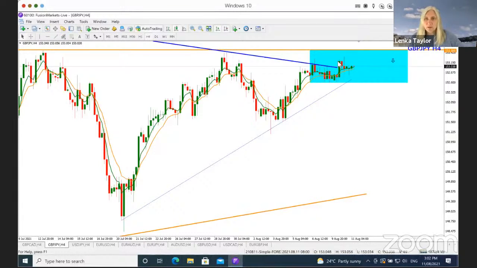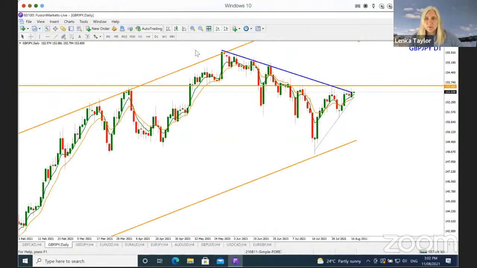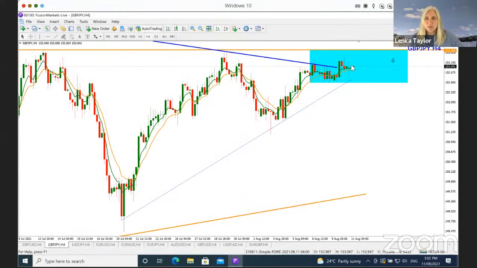At the moment, I would like to see a little bit more sideways movement, or maybe even a little movement further up towards the horizontal line, and then a reversal. If those conditions would be met, then I'm looking for a short on GBPJPY.